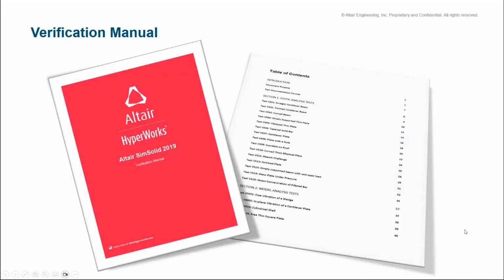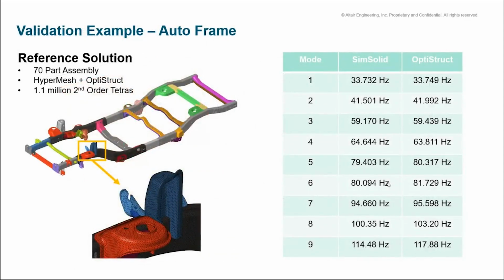As mentioned before, the verification manual is, of course, important to define simple problems that have been verified against either experimental results or other finite element results. Here you can see a particular case where SimSolid was compared against OptiStruct.